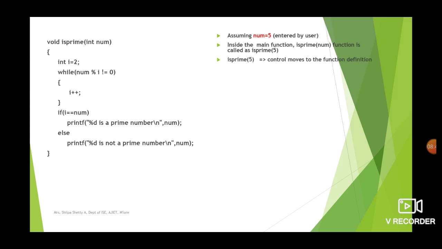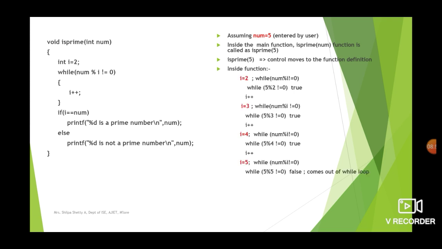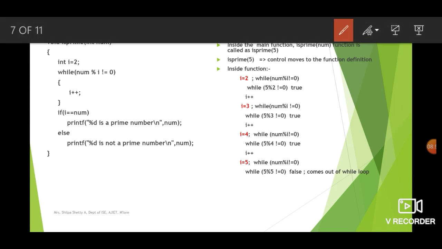Then isPrime(5) gets executed. That means when the isPrime(5) statement gets executed, control will go to the isPrime function, that is the function definition. Inside the function, initially I will be set to 2, that is over here.